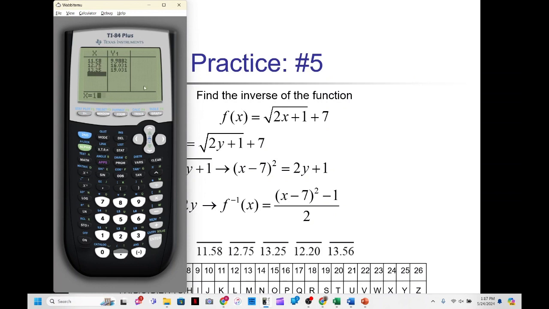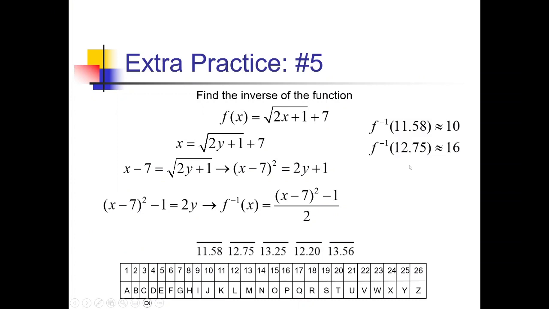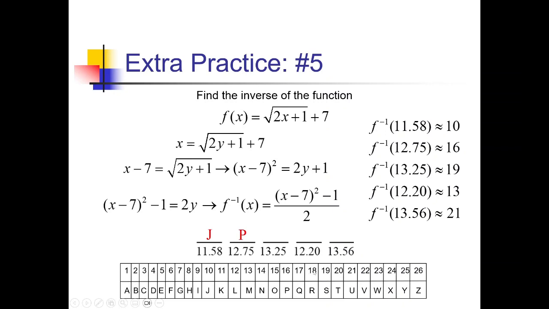And then we have 12.20, or just 12.2, comes out to 13.02. 13.56, my last scrambled number there, is going to be about 21. So we had 10, 16, 19, 13, and 21. 10 is J, 16 is P, 19 is S, 13 back here is M, and then 21 is U.